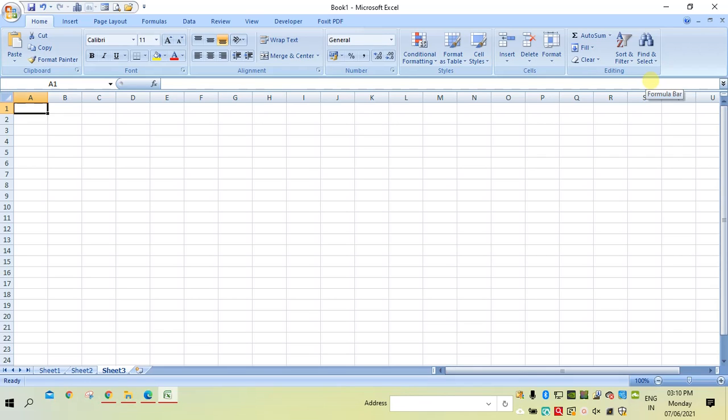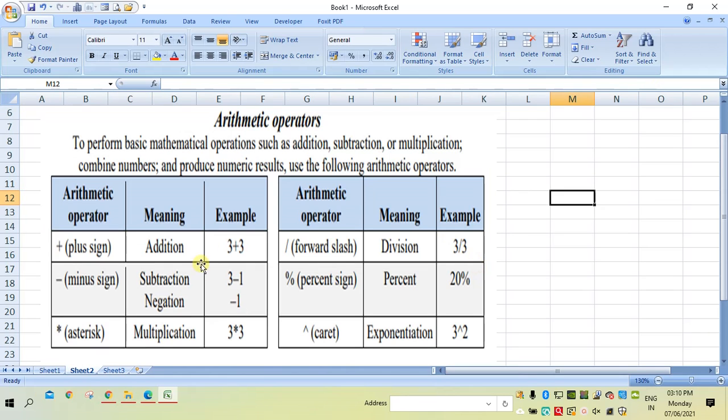So here you can see a few arithmetic operators which are used on numbers to perform basic mathematical operations like addition, subtraction, multiplication, combine the numbers and produce a numeric result.